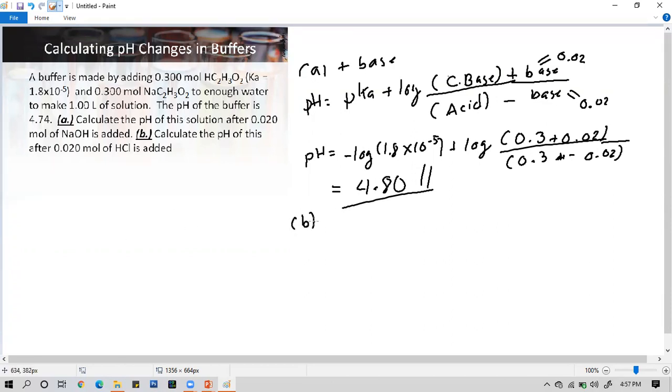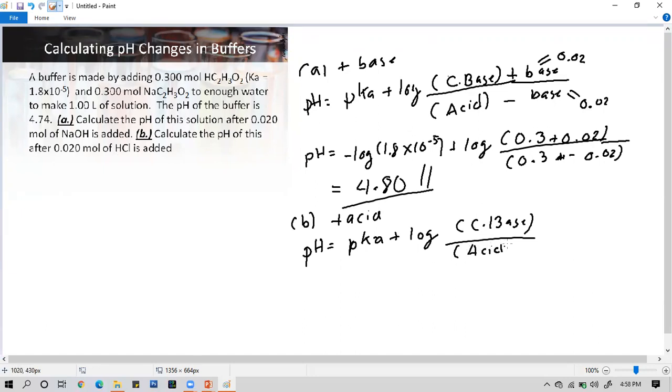Now for letter B, same process, but we add an acid here since hydrochloric acid is added. Ang mangyayari naman dito is mababaliktad, guys, based from the equation here. Okay, let's write the Henderson-Hasselbalch equation, pH equals pKa plus log of conjugate base all over acid or weak acid.